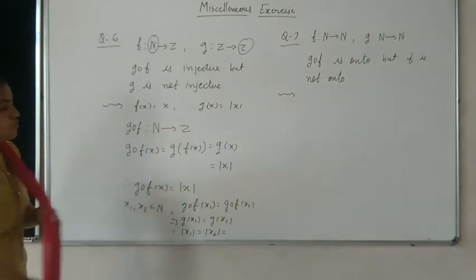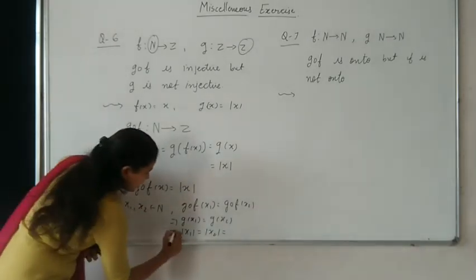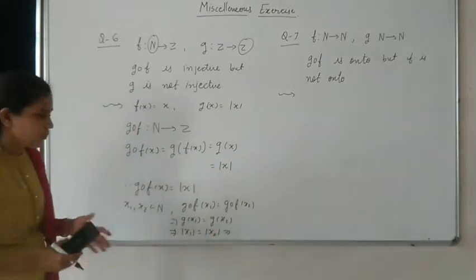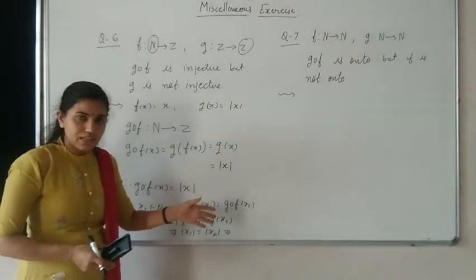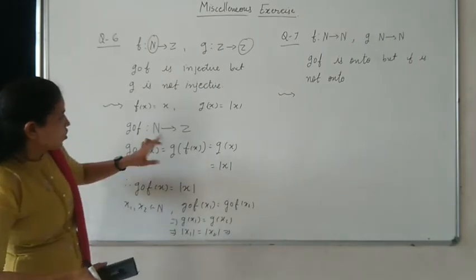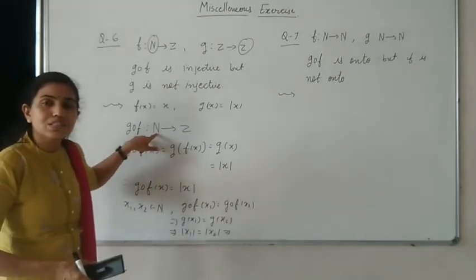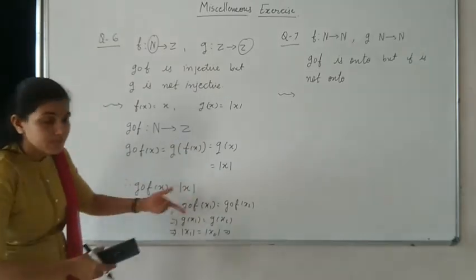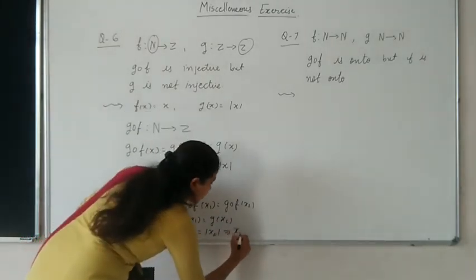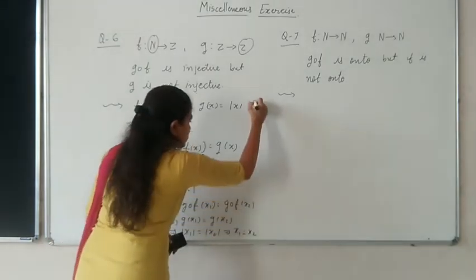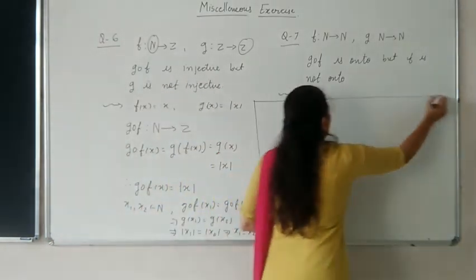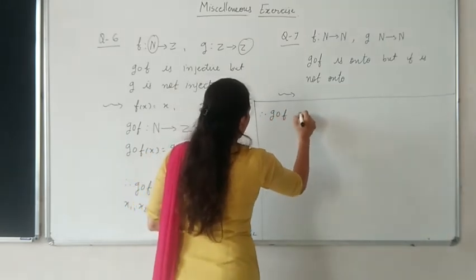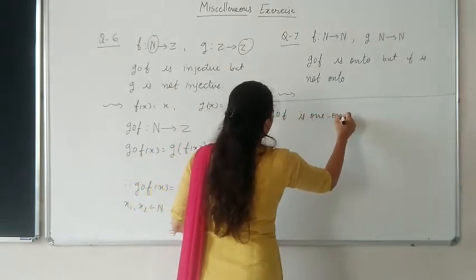If x1 and x2 belonged to Z, then it may be possible that x1 equals plus or minus x2, as they can be positive and negative. But here x1 and x2 belong to the set of natural numbers, so both must be positive, and this will give us x1 equals x2. Therefore, g composition of f is 1-1.